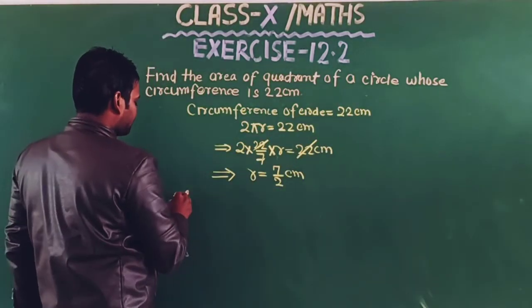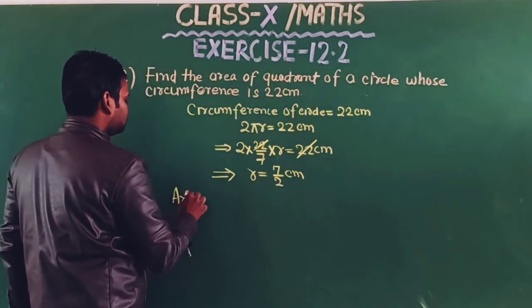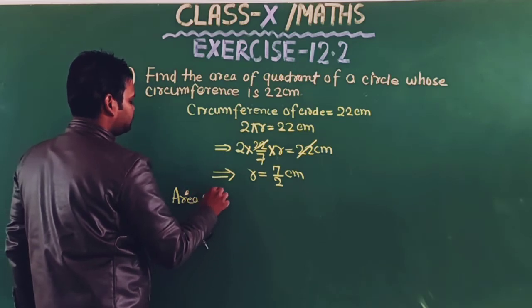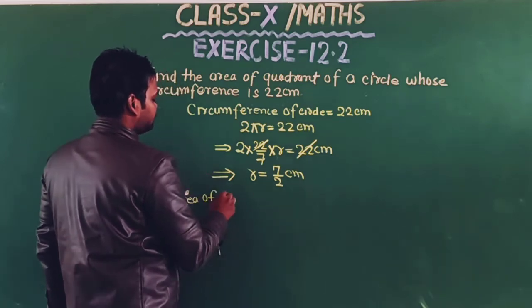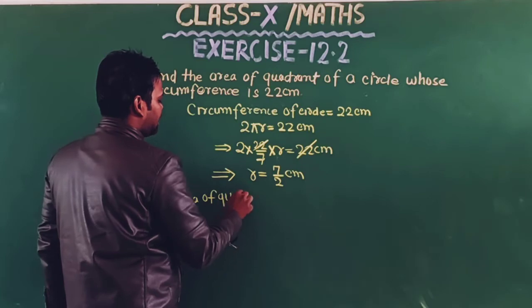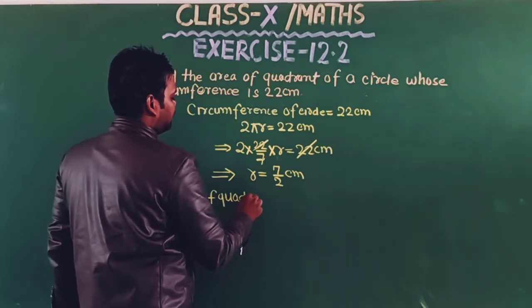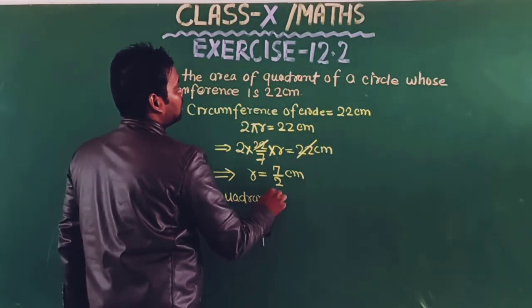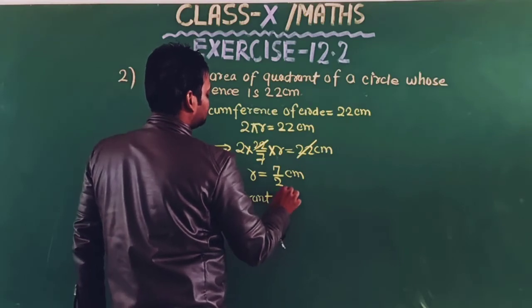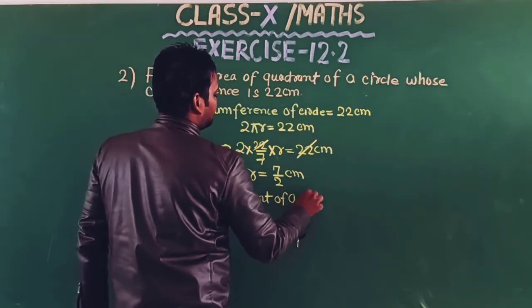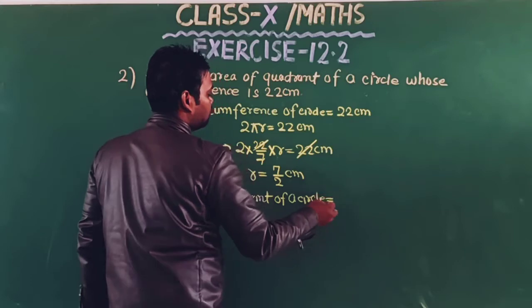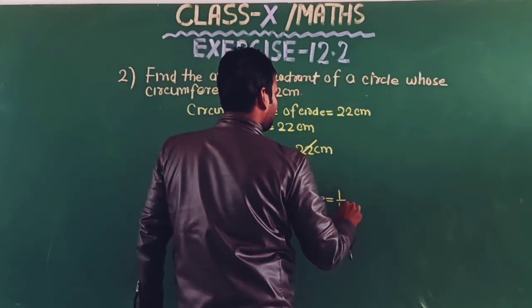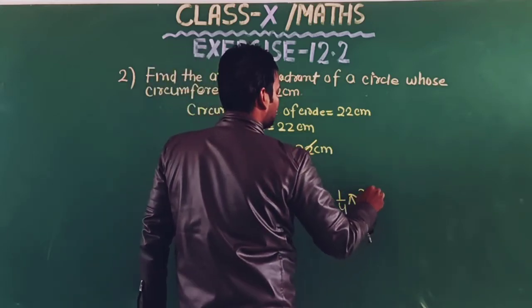So area of quadrant of a circle equal to 1 by 4 pi r square.